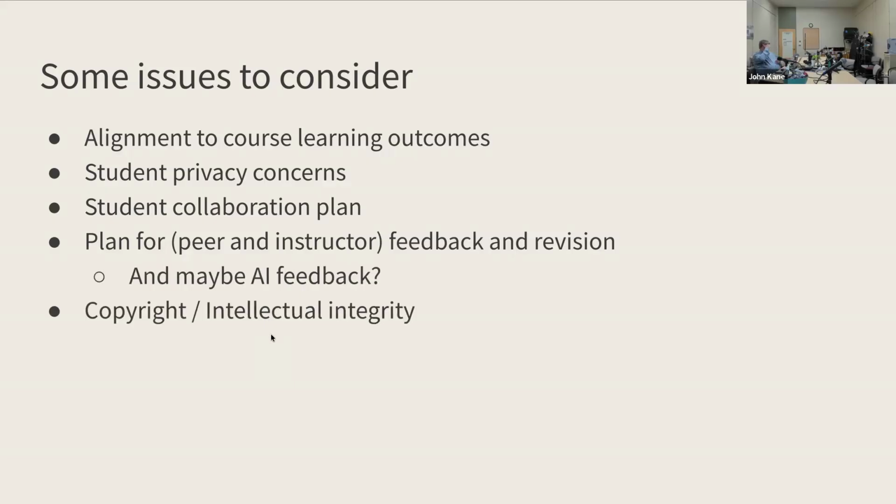Another thing it's really important for students to be reminded of is issues of copyright and intellectual integrity, which certainly relates to AI, but more generally, students have not always been taught very much about copyright. Most of the material released under open pedagogy projects uses some type of Creative Commons license.